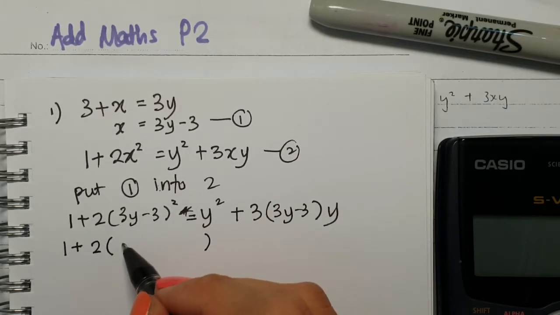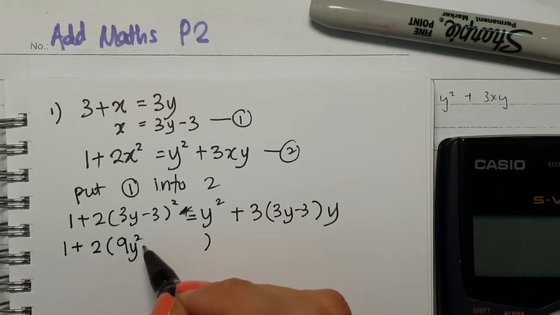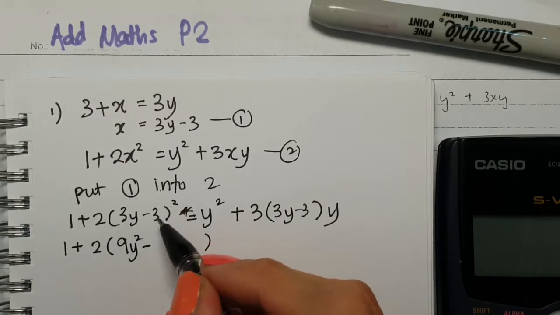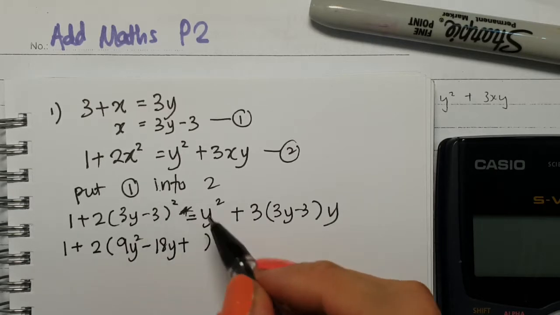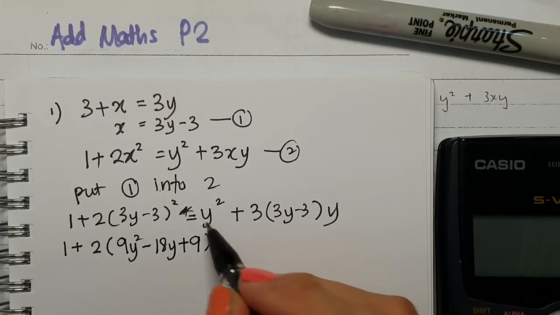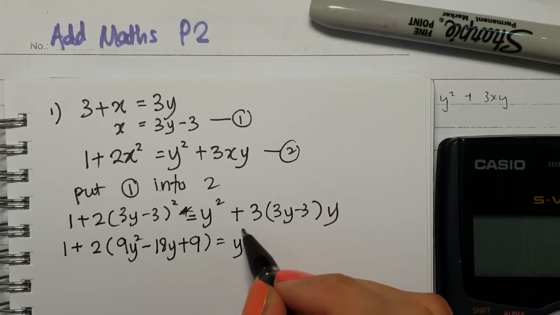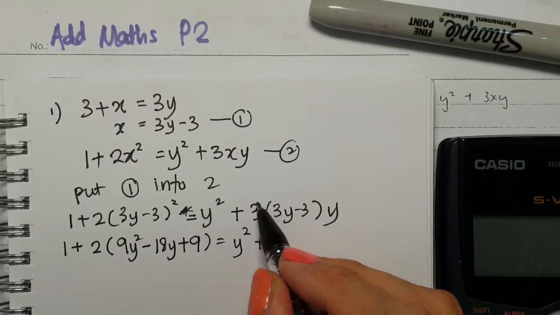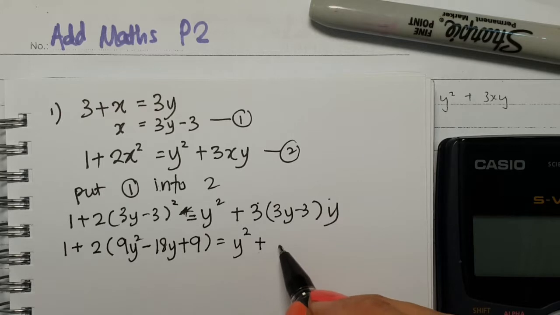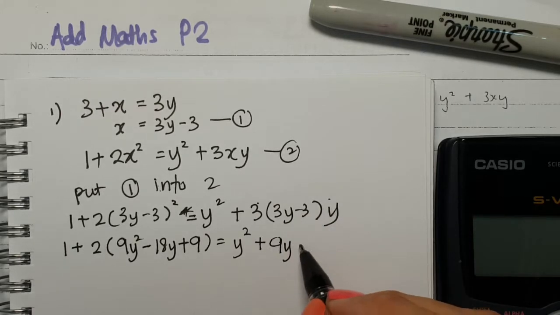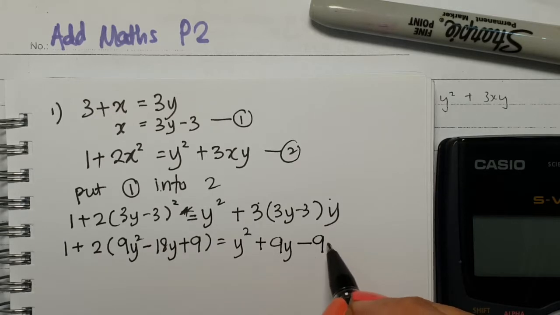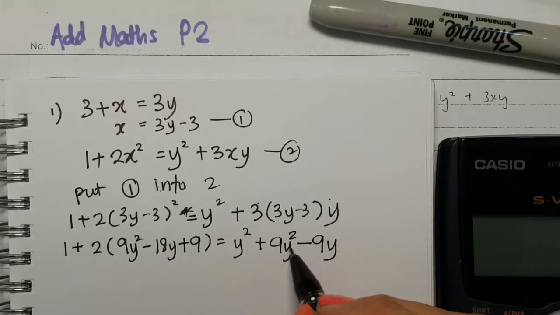So we will have 9y squared minus 2 times 3 times 3, 18y, plus the square of this, 9. And on the right hand side, we will have y squared plus, this is 3y times 3y, so we will have 9y squared. 3y times negative 3, we have minus 9y. And 9 y squared over here.